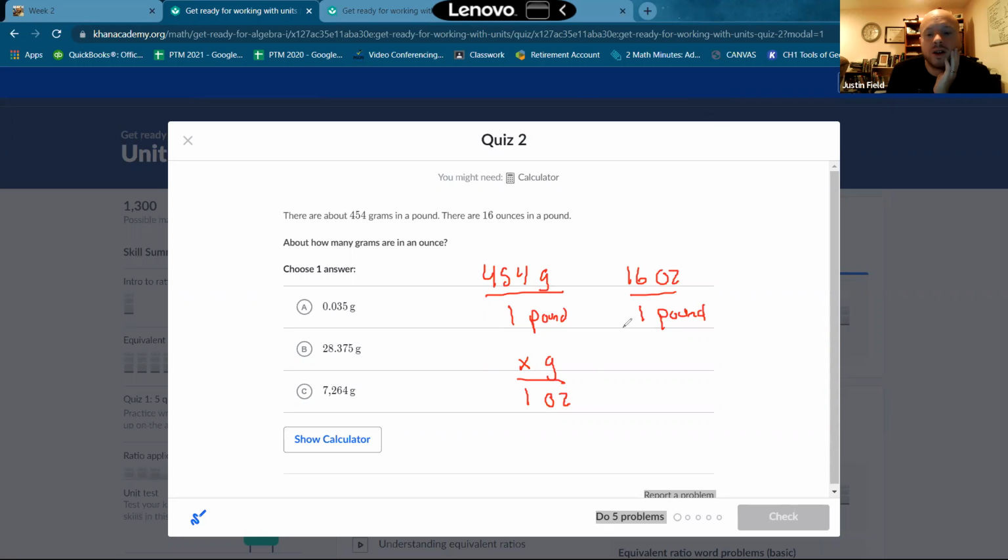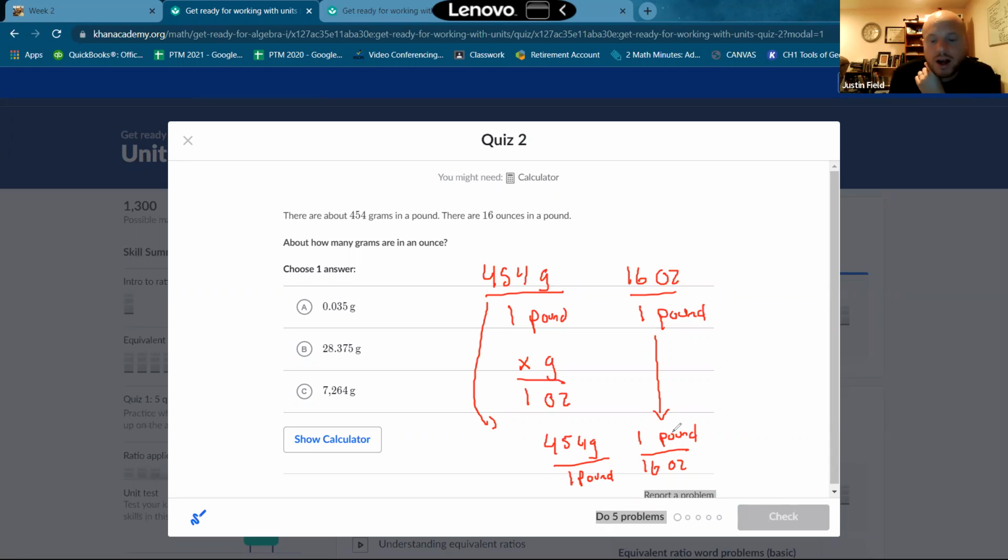Okay, so guess what? What we could do is say if there's 16 ounces in 1 pound, that also means that 1 pound is 16 ounces. And this relationship is still true.